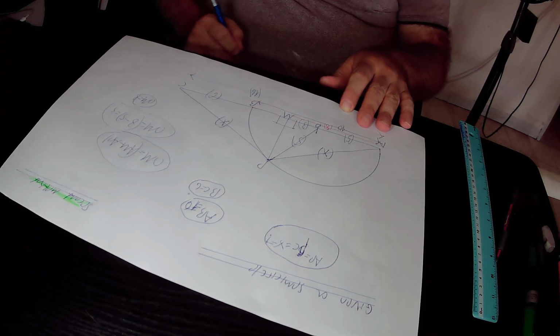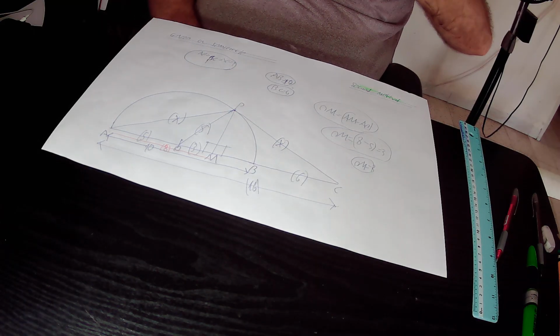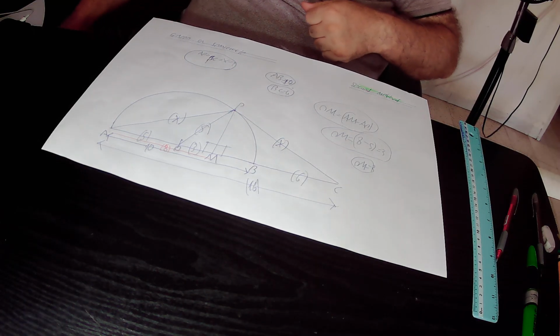So in the next step, I'll copy the right small triangle POM in a new page and we implement on it the Pythagoras theorem.